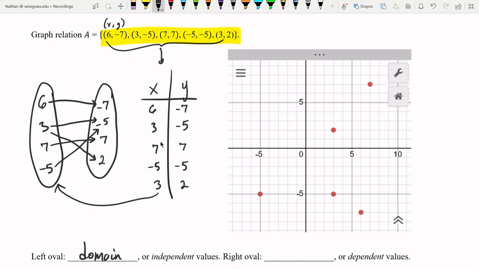Now in the right oval is the range, or independent values, or sorry, dependent values. It's all the y values, and it's all the values that the domain connects to. It just goes from the x to the y, and that's going to be all the range values.